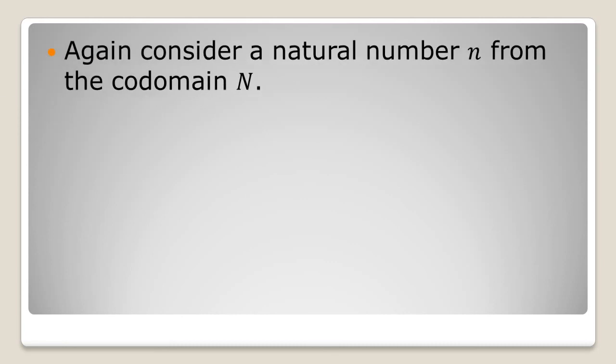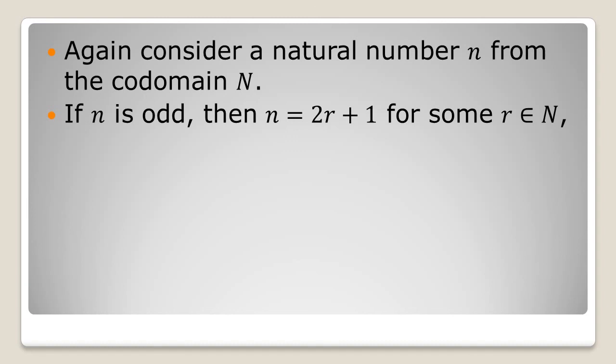Again, for the onto part, consider a natural number n from the codomain. It can be in two ways. The natural number can be an odd number or an even number. Let us first check it for the odd number. Let n be an odd natural number such that it looks like this: n equals twice r plus 1 for some natural number r.